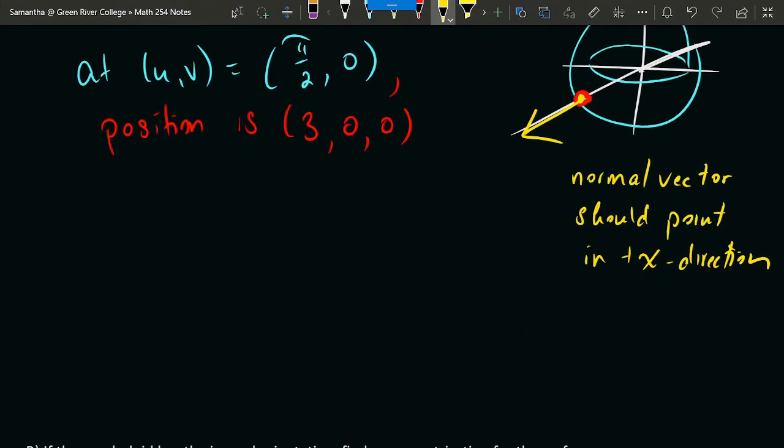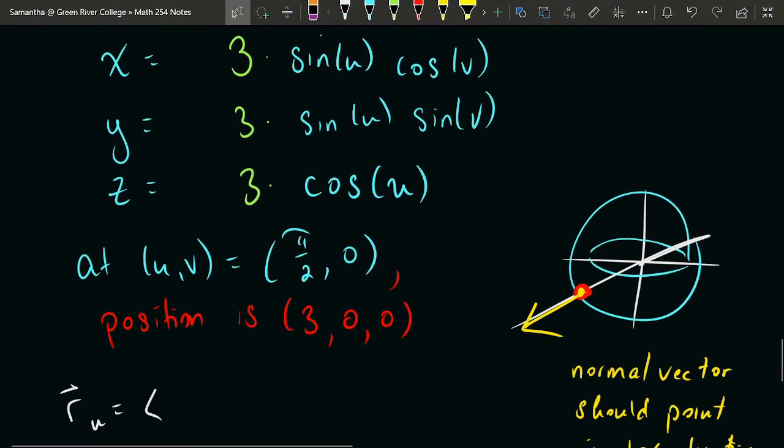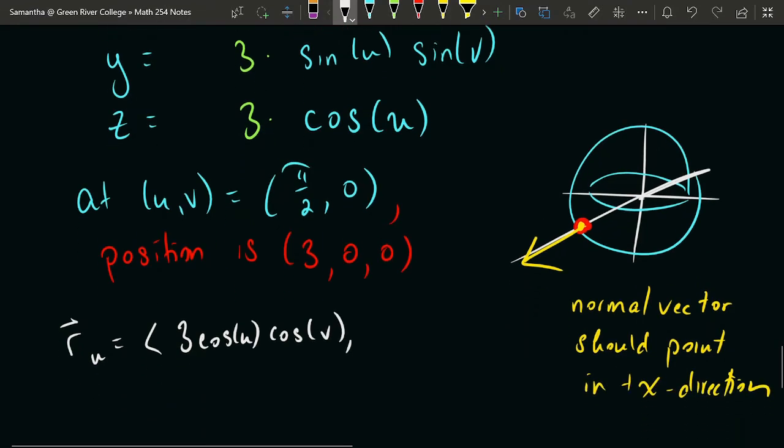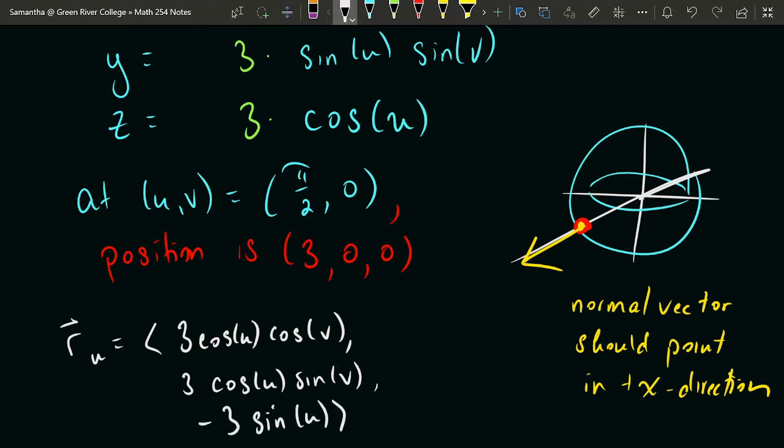Let me start by finding the partial derivatives in the u and in the v directions. The partial derivative with respect to u will be equal to 3 cosine u cosine v in the x direction, 3 cosine u sine v in the y direction, and negative 3 sine u in the z direction.